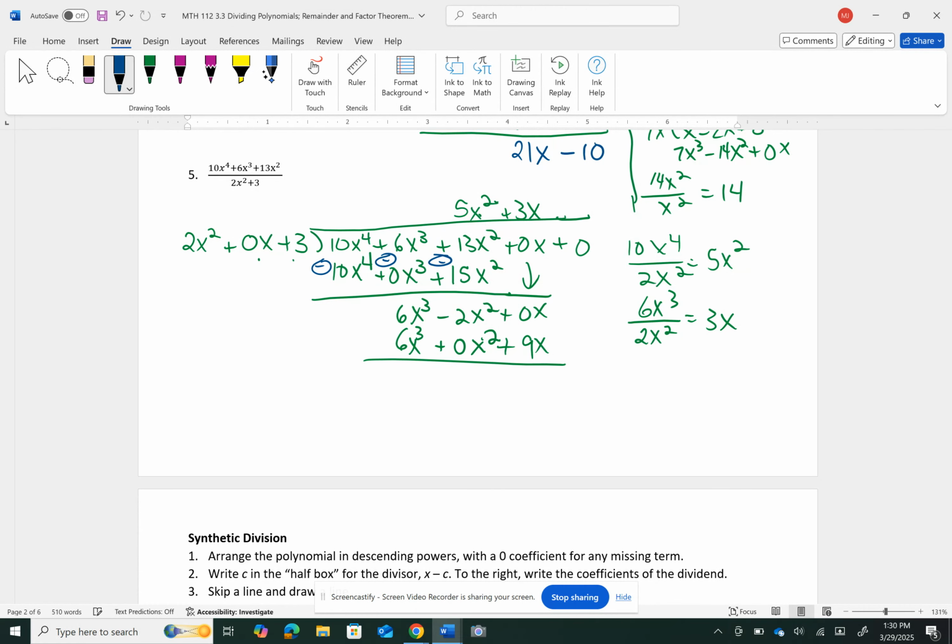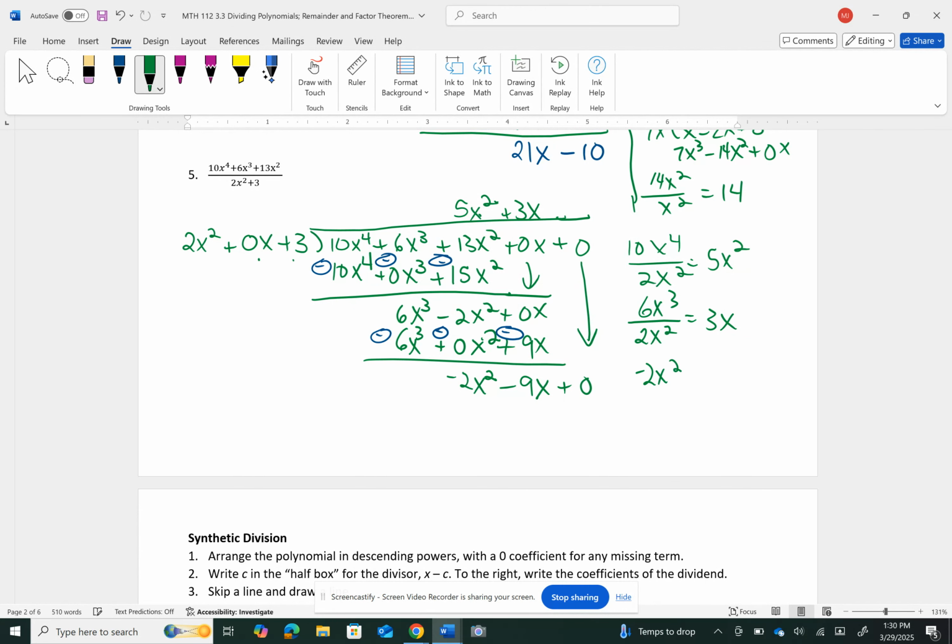I'm going to subtract by changing the signs. Doesn't really matter on the 0, but just to be consistent. Then I'm going to wind up with just negative 2x squared minus 9x. So I'll bring down the 0, and I'll have one more round to do.